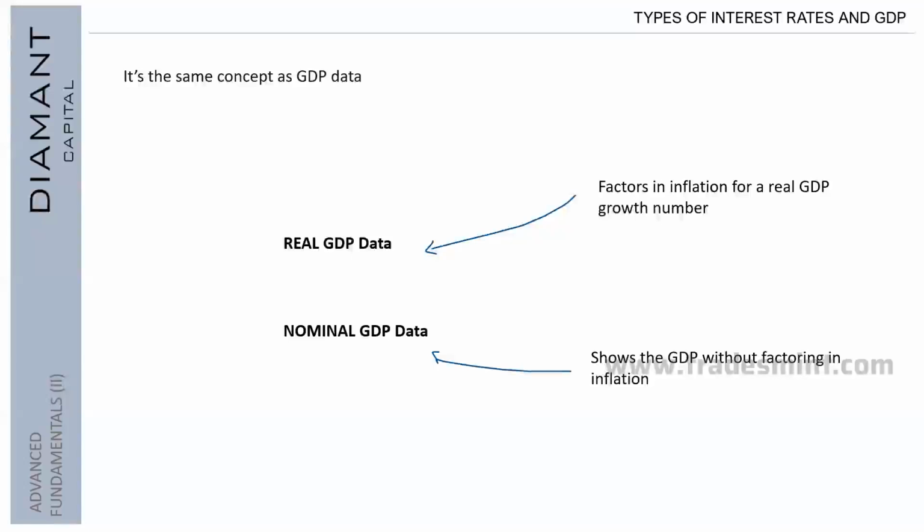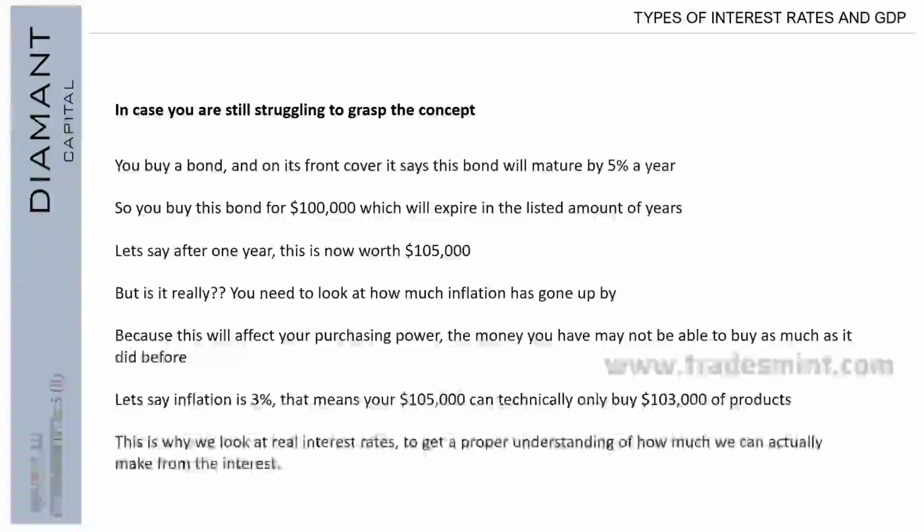But in reality, it's the same thing as what we've just seen with the interest rates. The real GDP data factors in that inflation and shows the true increase that we've seen in GDP that year. So guys, please take notes, particularly on this example right here.